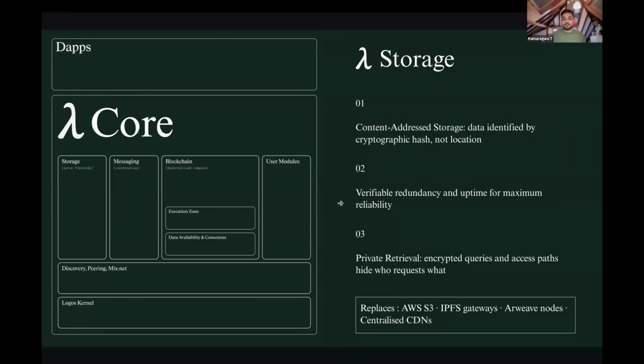We also have verifiable redundancy and uptime for maximum reliability. It's super durable. And we also have private retrievals, which is something the other decentralized storage networks don't have. You can make encrypted queries and also access files with decentralized access control.